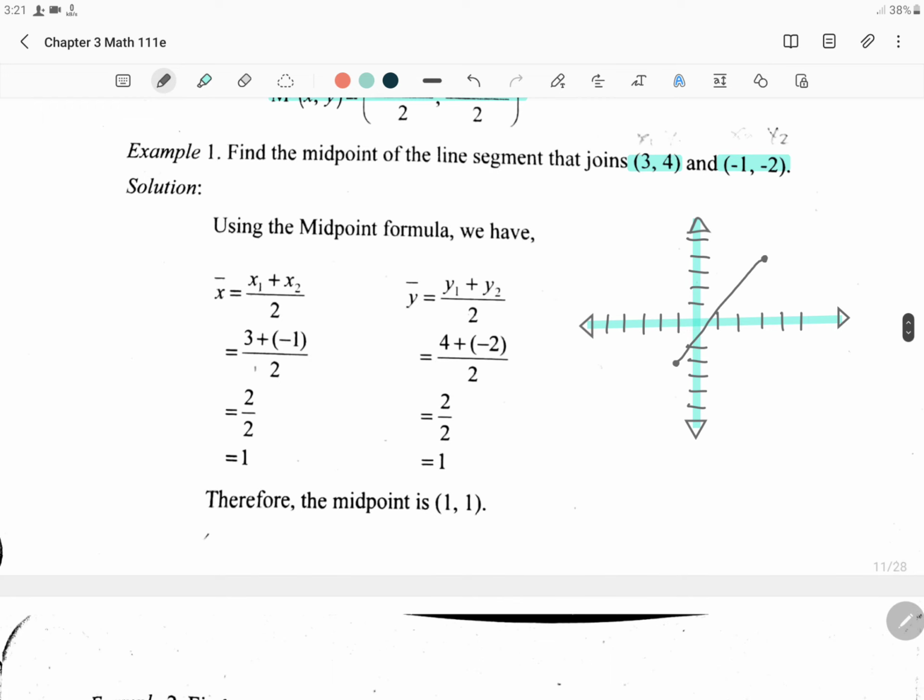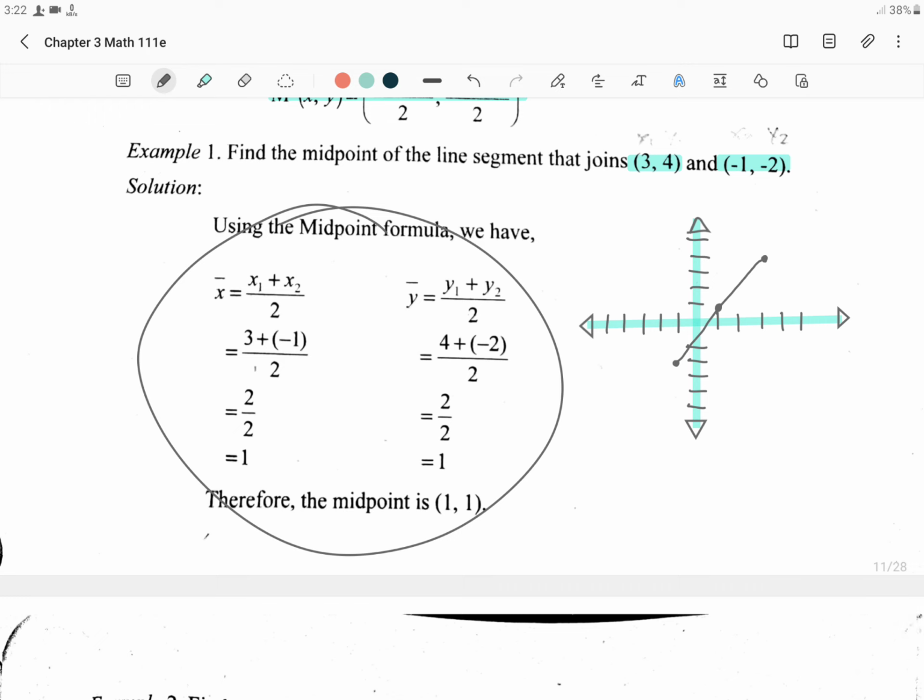So, based on the solution na nandito sa atin, yung nakuha ang result is positive 1 and positive 1. So, ibig sabihin, dito banda yung midpoint natin. So, yan ngayon yung magiging itsura ng Cartesian plane natin at yung location ng midpoint natin.